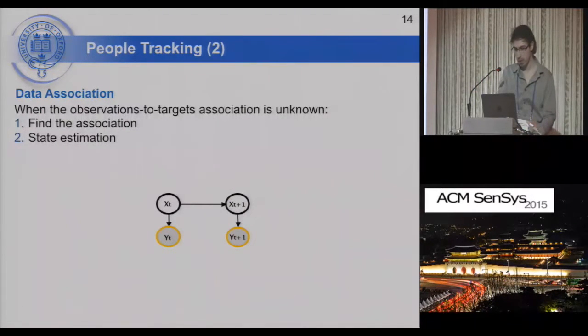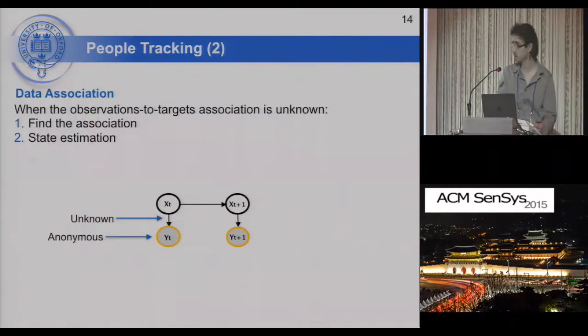A different problem now is when the observations to track association is unknown. This problem is called data association. In this case, we need to first find the associations of observation to targets and then do estimation. So basically, the link from the state to the observations here is unknown, and the measurements are anonymous.